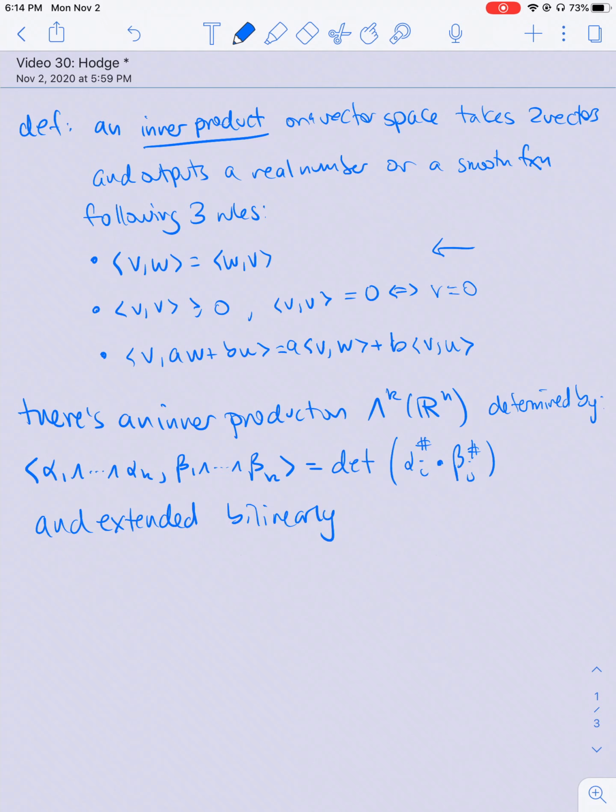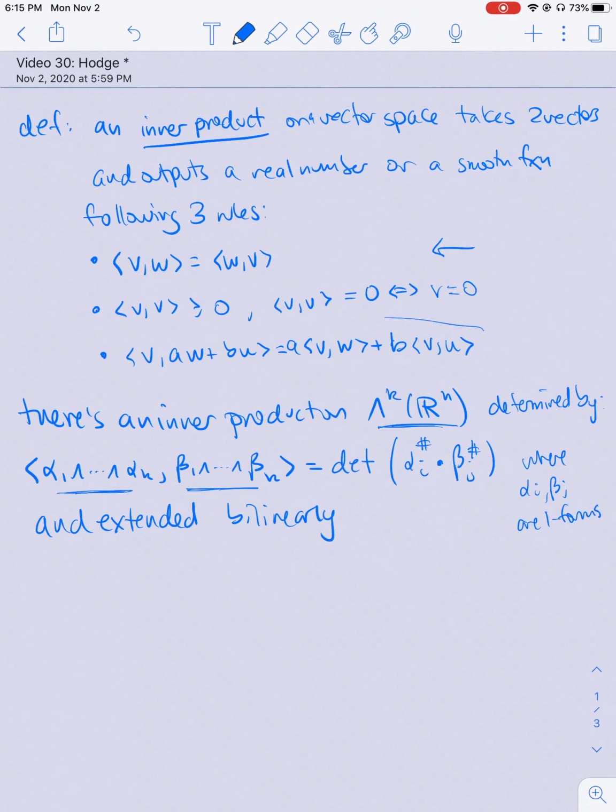Every k-form on Rn, every element of the space here, can be written as some linear combination of wedges of 1-forms. This is where alpha i and beta j are 1-forms.